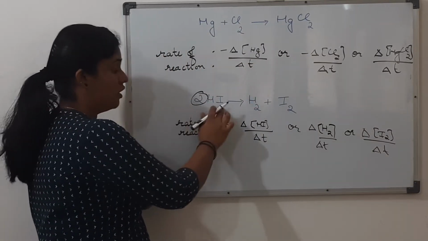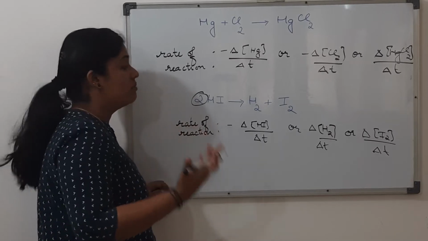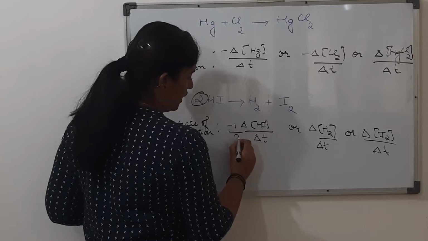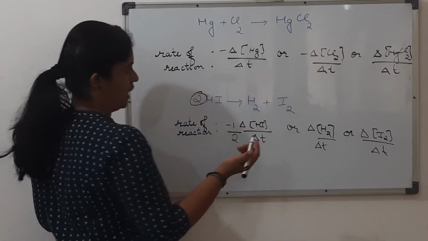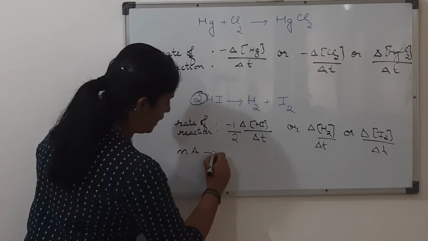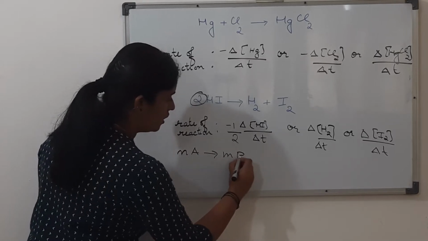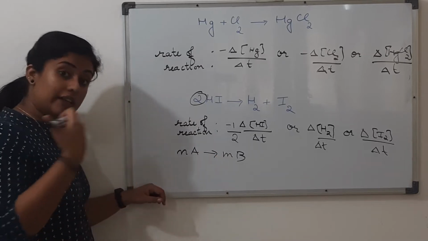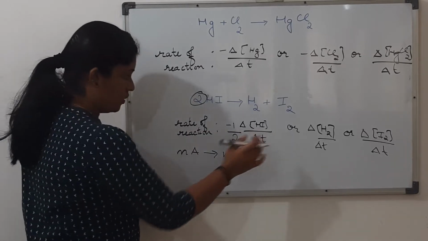So whenever we have a coefficient, where n moles or x moles are reacting, that will come as 1 by n. I mean to say, if we have a reaction where nA gives mB, this n and this m will come as reciprocals in the rate equation.